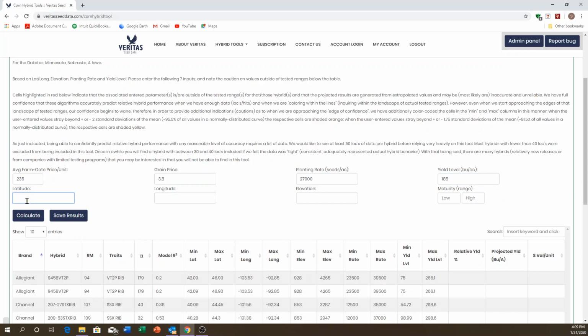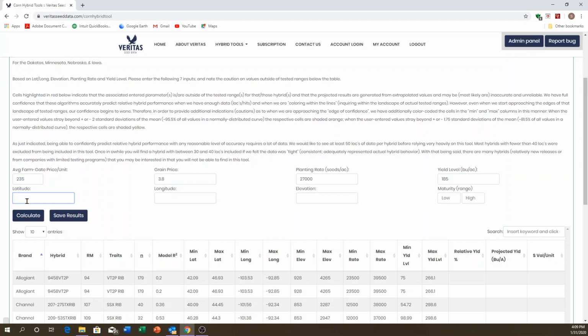Latitude, you'd probably need to look it up on a map. Maybe you know your rough lat long for your farm. This tool isn't fine-tuned enough to where you would want to enter in a specific lat and long for a field. A single lat long for your whole farm is good enough, unless you have different farms that are separated by tens of miles that you want to enter different lat longs for.